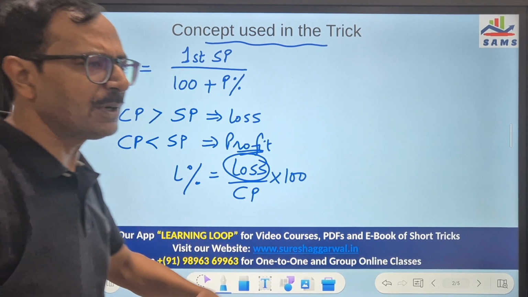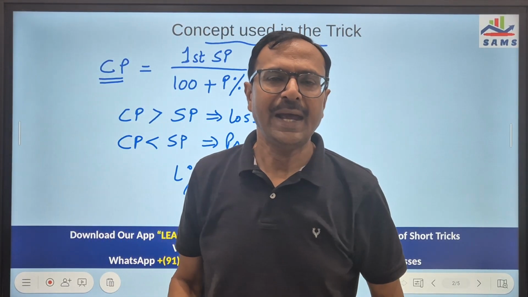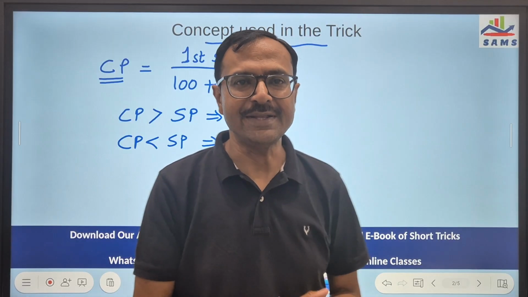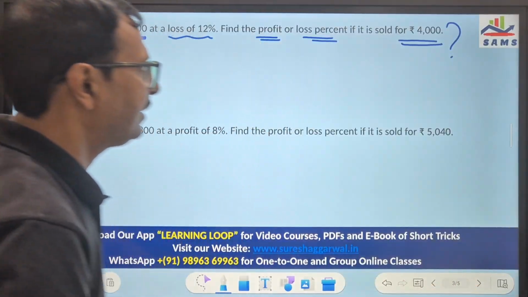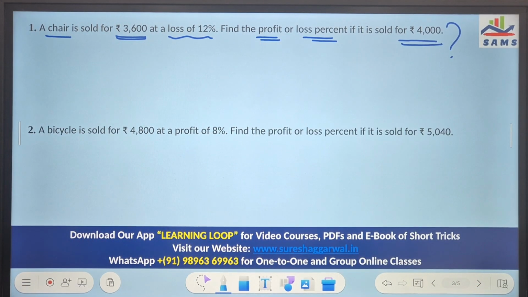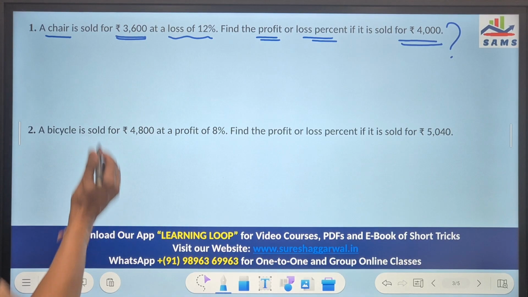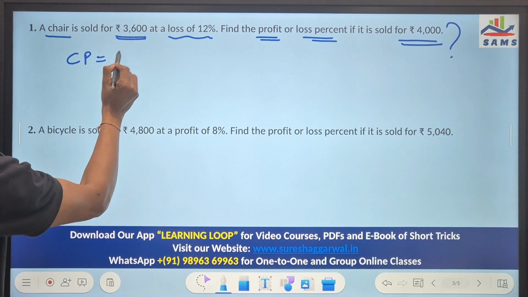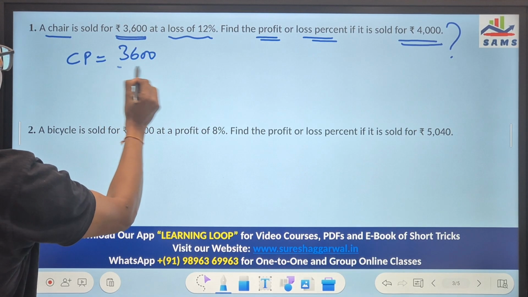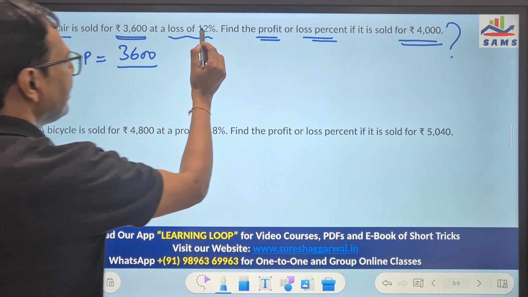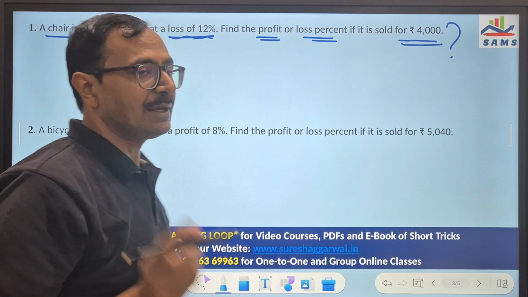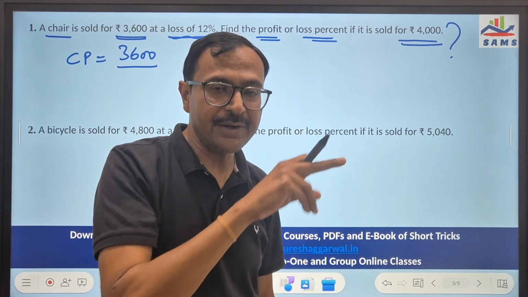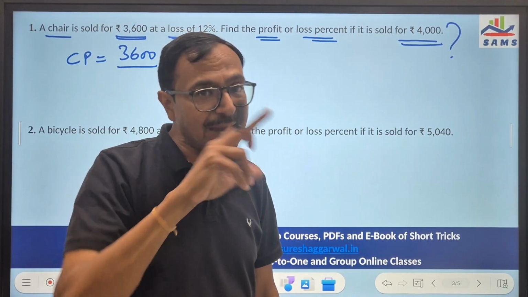So this is the simple concept used in the trick, but when you solve the questions, you are more likely to gain confidence. So let's apply it in the first question here. You can see the first selling price is 3600. So when I have to find the cost price, I will take 3600 and divide it by, now since I have a loss of 12%, always remember the rule, loss is always subtracted from 100 and profit is always added to 100.